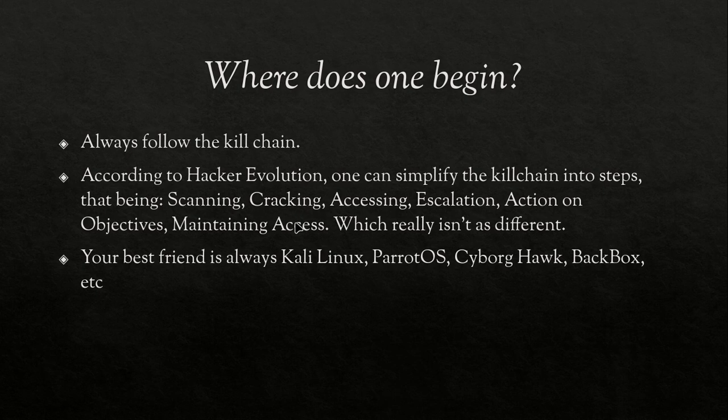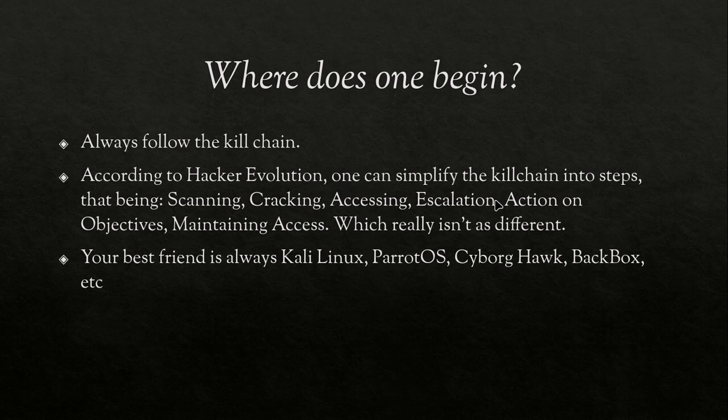And then this one may be a little bit optional, which is cracking. The concept of cracking is to get any passwords that you may require for performing the accessing stage. Once you have that, you can proceed to accessing. This is where you're now interacting and logging into the target host. Then followed by escalation.